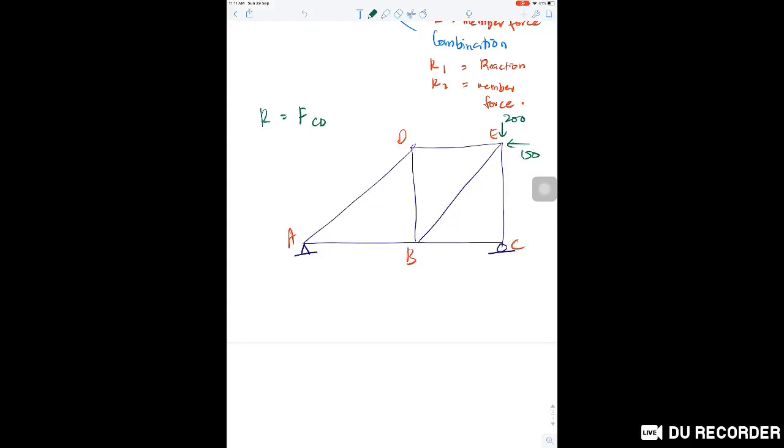Remember that this is force, so we are determining delta 1 naught plus F11, because there are two systems: one redundant, two systems. The displacement in the primary system is delta 1 naught, and the displacement in the redundant system is F11.